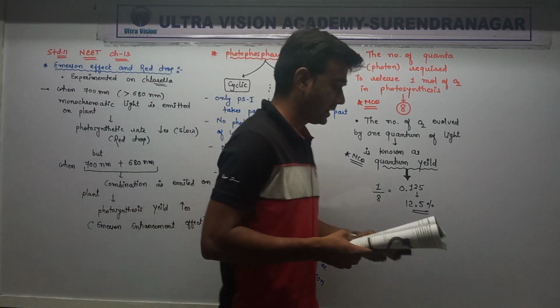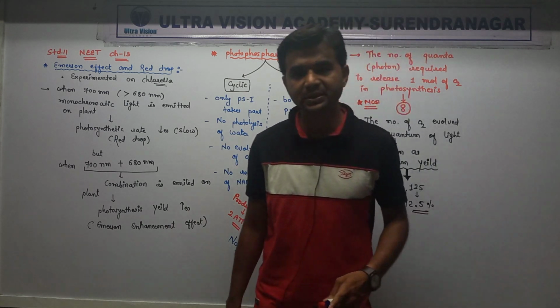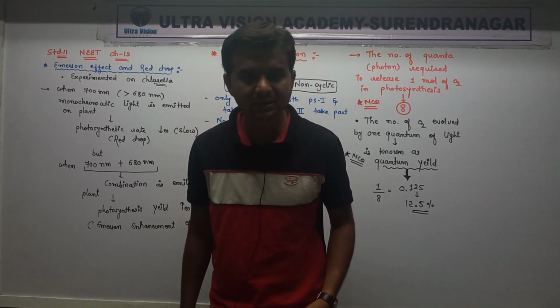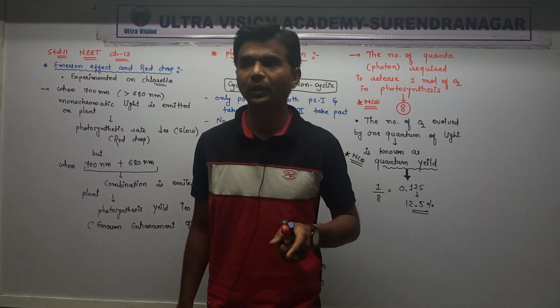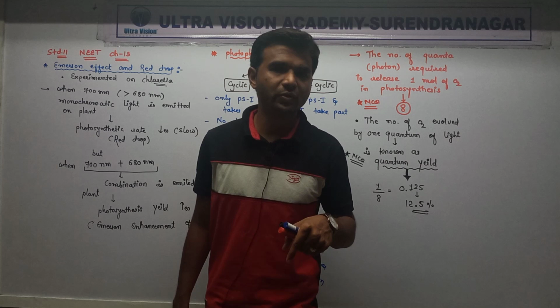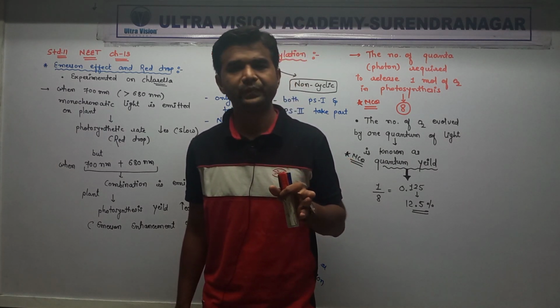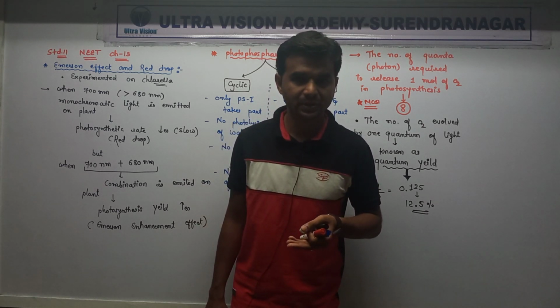Now, the chemiosmotic hypothesis. Across the thylakoid membrane it is created. In the thylakoid, photolysis of water occurs continuously. As a result, the proton gradient increases.